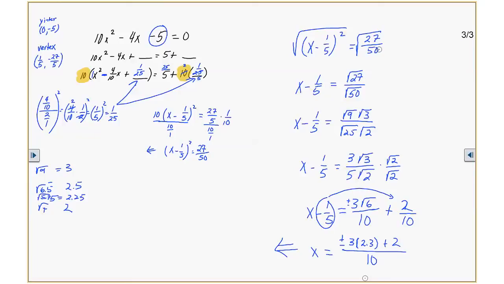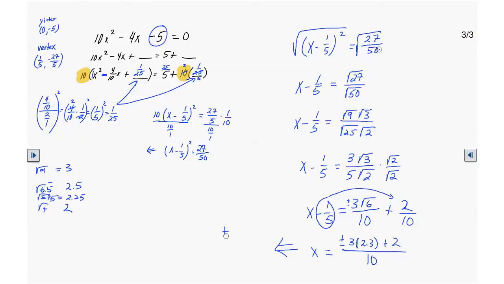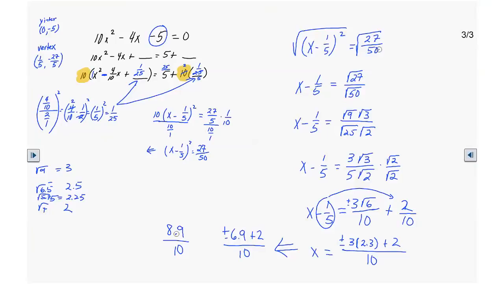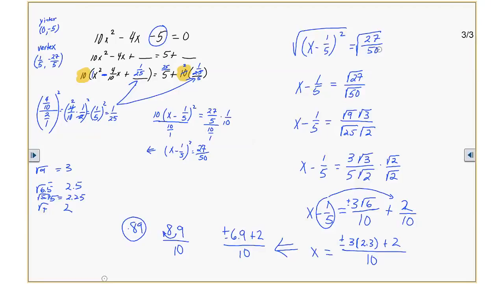So that's positive or negative 6.9 plus 2 over 10. Now, 6.9 plus 2 is what? 8.9. That's right, class. 8.9 over 10. When you divide by 10, you move the decimal: 0.89.